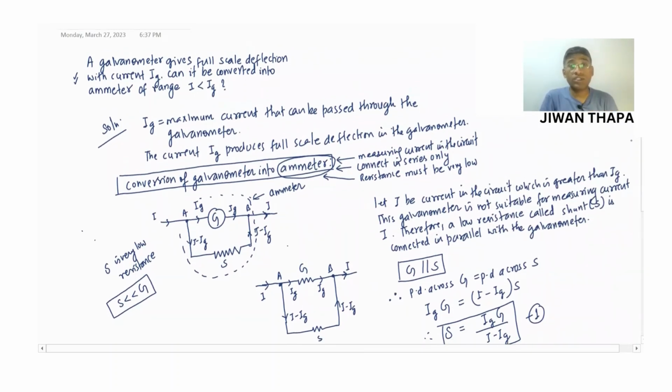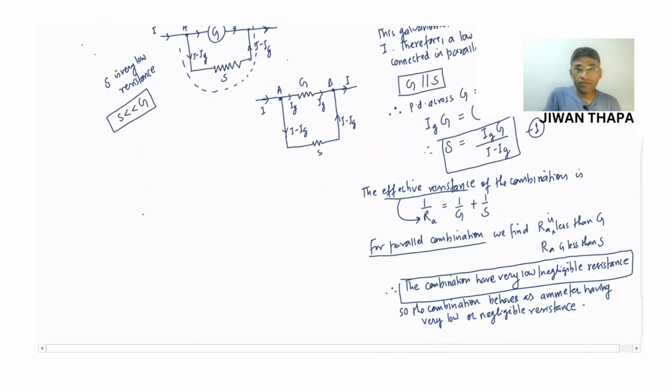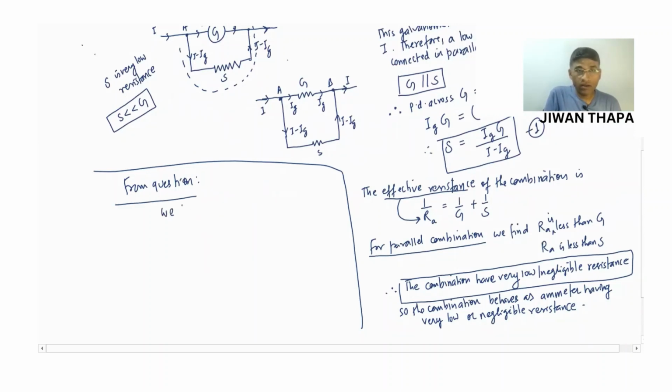Now let us come to the question, okay? We are asked whether we can convert a galvanometer into an ammeter of range I less than Ig or not. So let us come to the question, okay? From the question, we are given I less than Ig, and using equation 1, S equals Ig times G divided by I minus Ig.